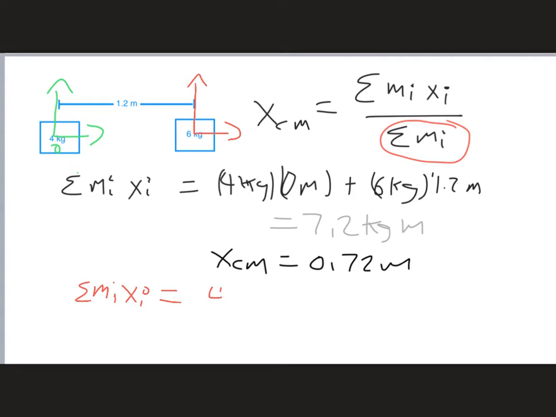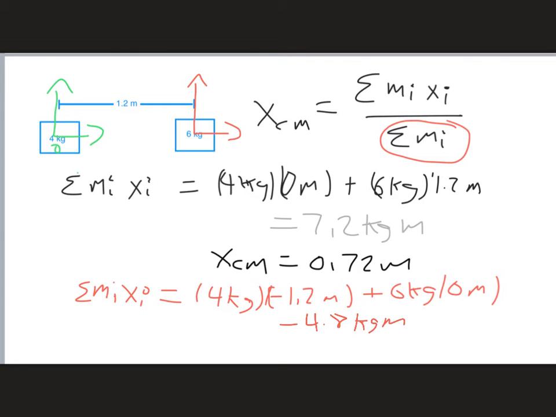And so we would have 4 kilograms times minus 1.2 meters, and then plus 6 kilograms times 0 meters. That term would, of course, go away, and that works out to be negative 4.8 kilogram meters.